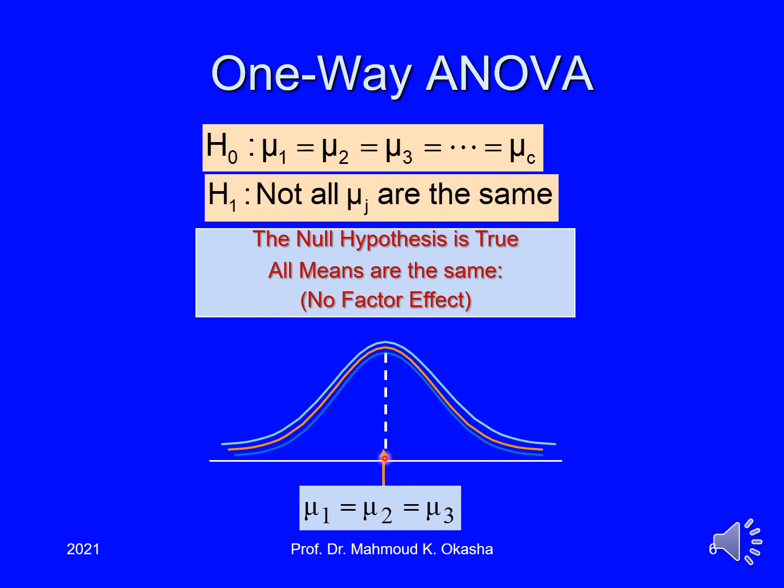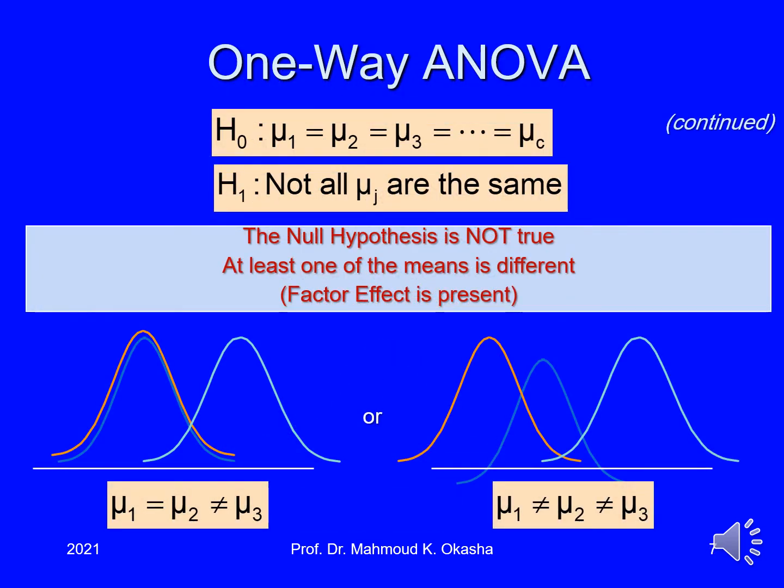All have the same means and the same variance. So the distribution of production for each factor level will be exactly the same, like superimposed on each other, right?